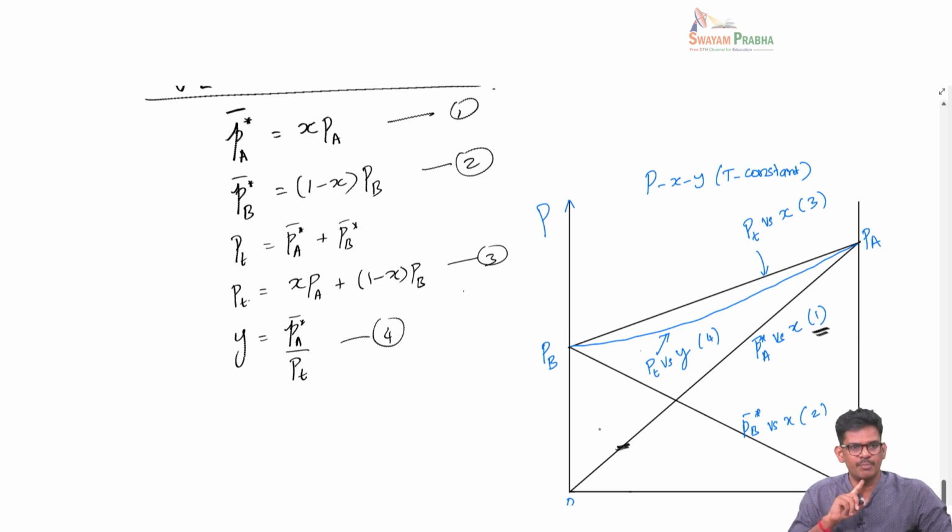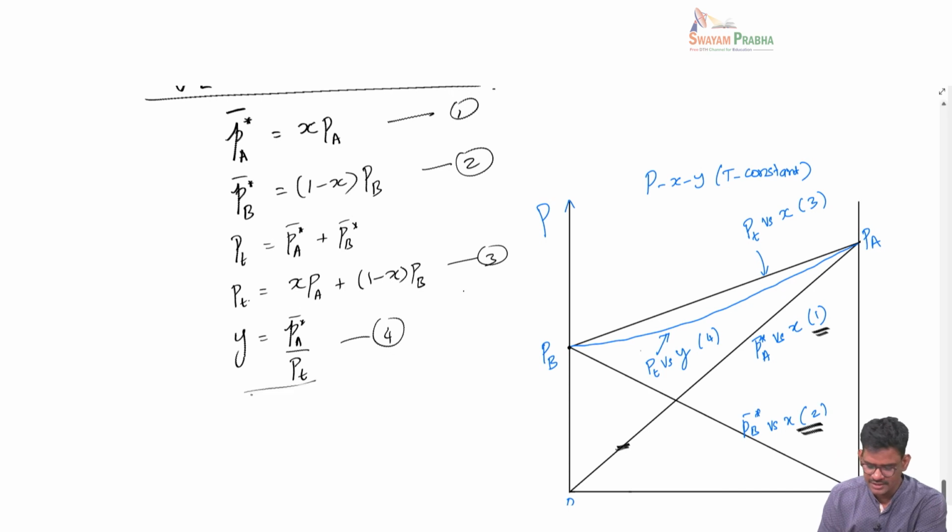Similarly, for component B, it starts at PB here and then goes to 0. That is equation number 2, and then I can also plot the total pressure, which is nothing but the sum of PA star and PB star, equation number 3, also a straight line. So these three things come straight away from Raoult's law.